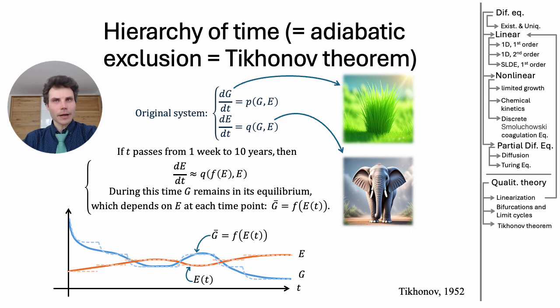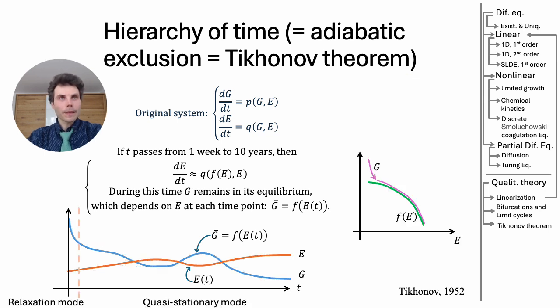How can we represent it graphically? Let's erase the AI-generated images. So here is a two-dimensional plot, and the population of elephants is on the horizontal axis, and the quasi-stationary kinetics of grass is depicted as this bold green line.